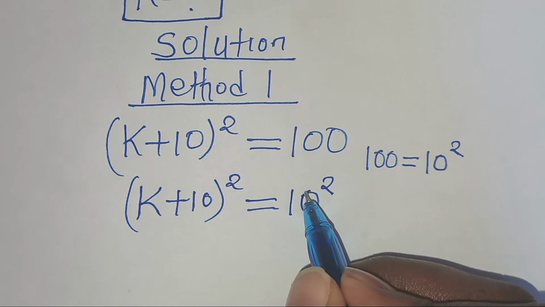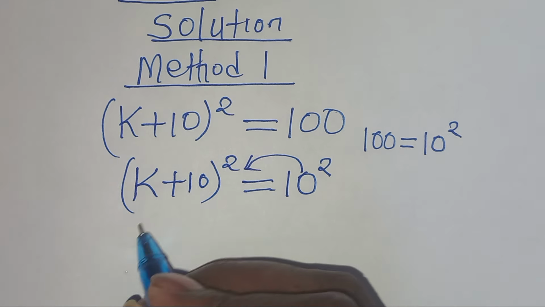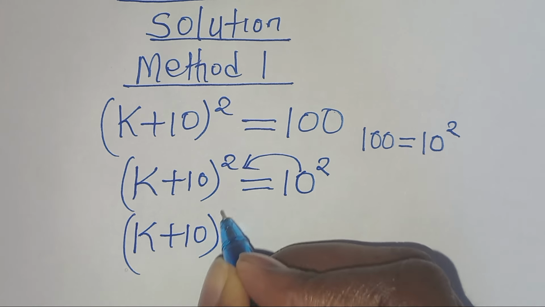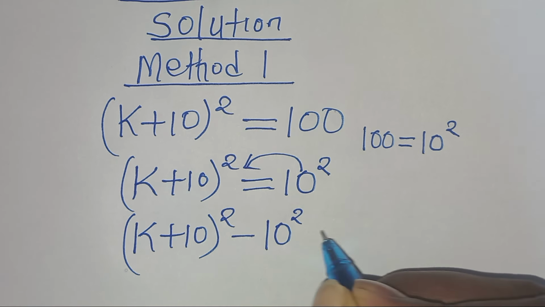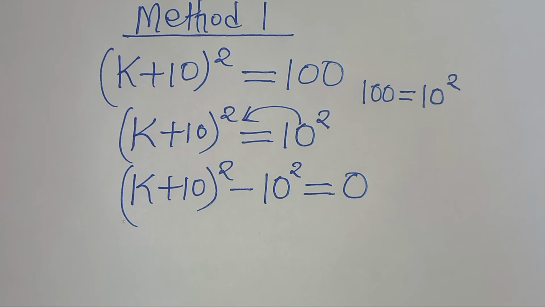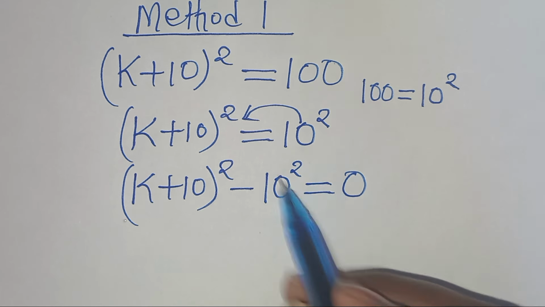The next step is to take 10^2 to the left hand side, so that we have (k + 10)^2 - 10^2 = 0.